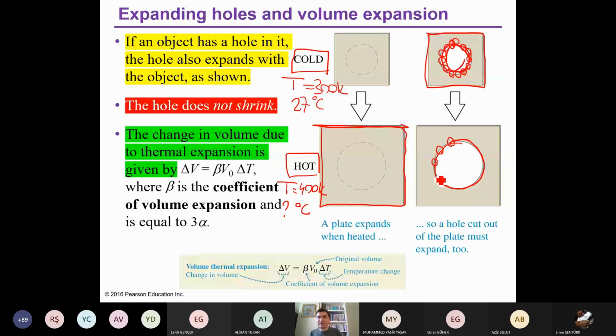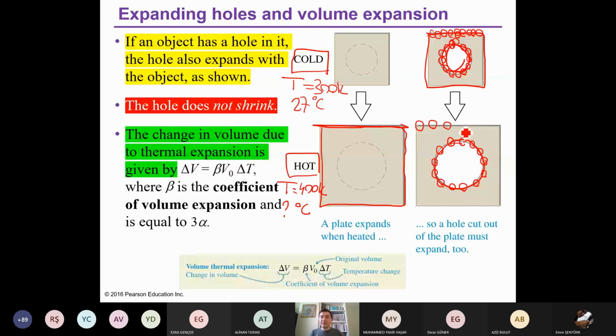So this is the new situation after thermal expansion. And here we have atoms. They have a certain average distance in equilibrium condition, and after thermal expansion, the average distance between the atoms is increased. You can consider it like this.